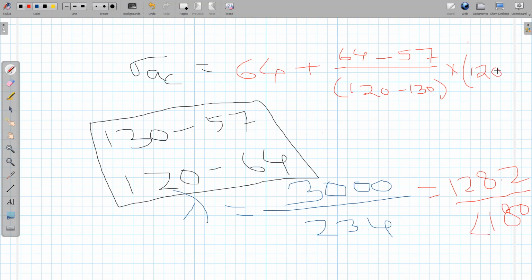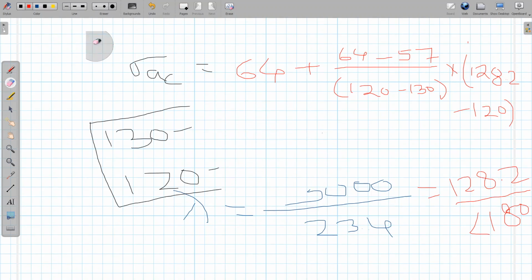My objective is to get the value for 128.2, so 128.2 minus 120. If we do the calculation, the value comes out to be approximately 58.26.